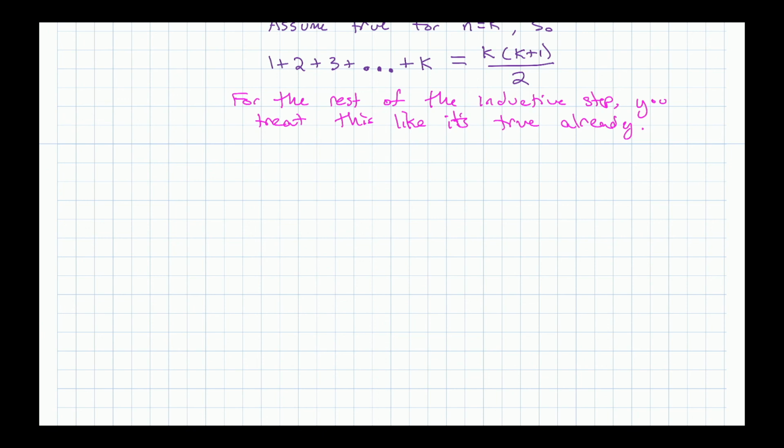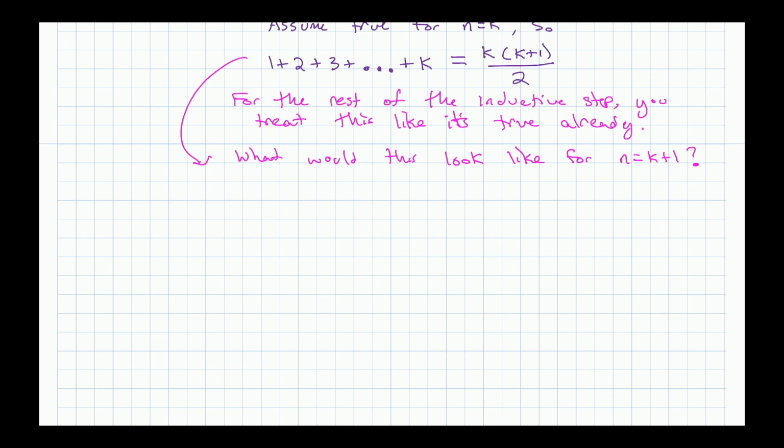So what would this look like for n equals k plus 1? And again, this is just for our own understanding, not what you write for a proof. Since we need to do it for n equals k plus 1, what would it look like?